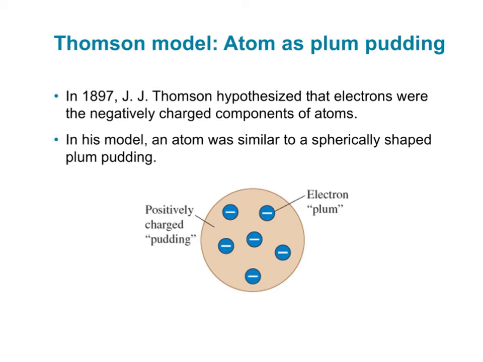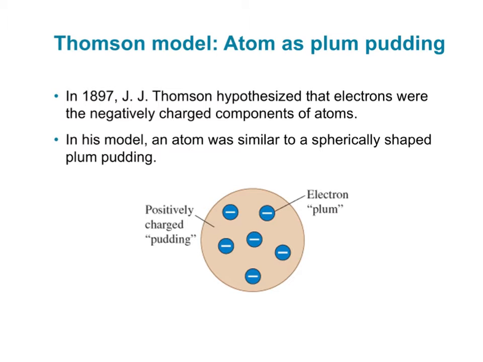The first was a billiard ball model. Before Thomson, there was a billiard ball model of the atom, where all elements are made up of just solid little billiard balls that had a positive and a negative charge that offset each other. That was prior to the plum pudding model, which was in the late 1800s.